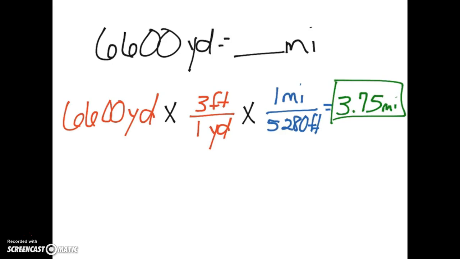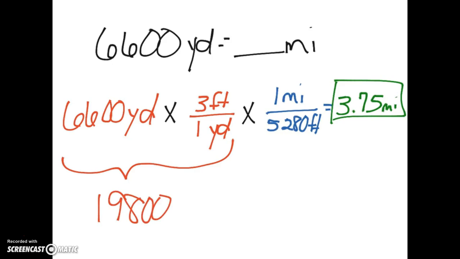Now, I'm going to walk you through how they did this and why it's really mathematically exactly the same as what we just did on the previous slide. First of all, it's broken up into 2 pieces. So this is our step 1 here. They are taking that 6,600 and multiplying times the 3 feet. That's exactly what we did before. Remember, we got that 19,800. Then they're multiplying times a fraction.